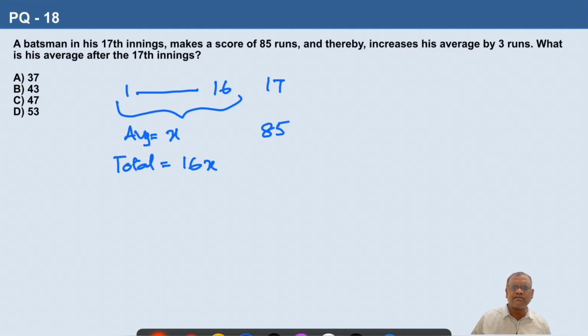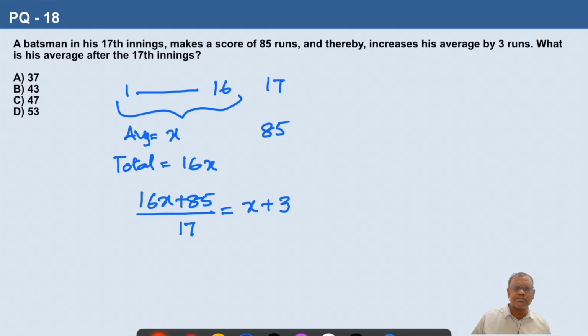So, total of all the innings is 16x plus 85 divided by 17. So, the new average is 3 more than the previous average. So, x plus 3, because the average is increasing by 3.